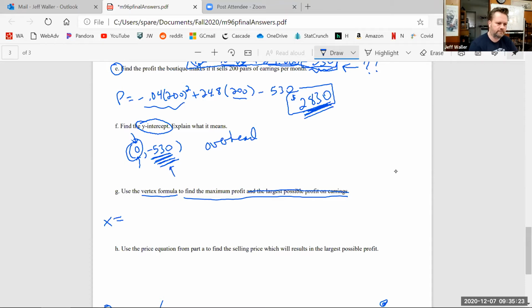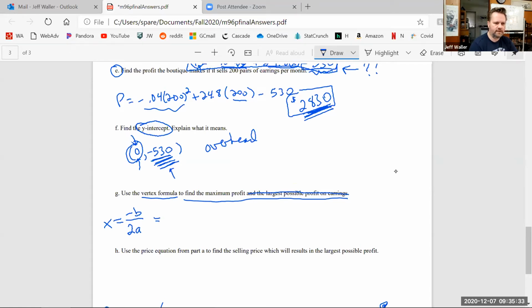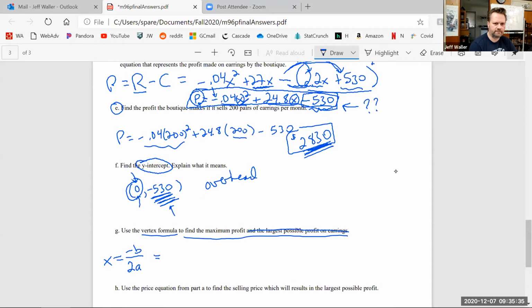Negative b divided by 2 times a. Yes, you got it. And let's see, what's b? b is negative 530. Nope, that's c.